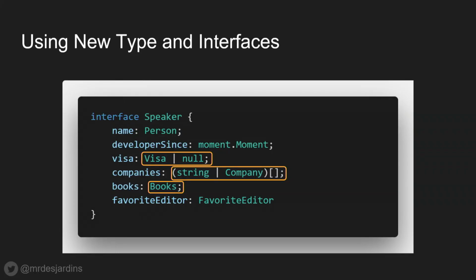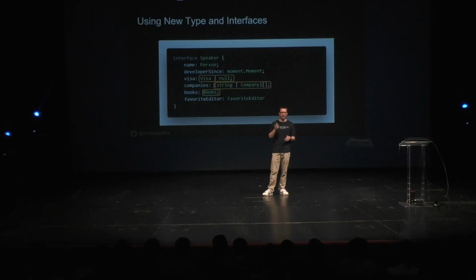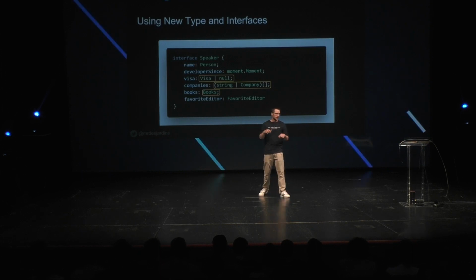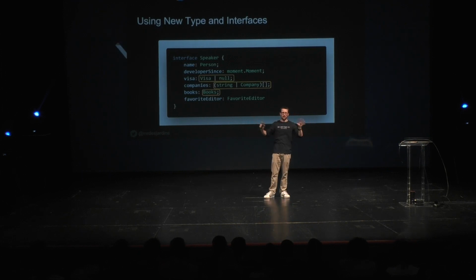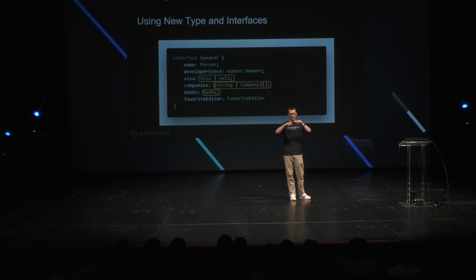I can extract those to make it way easier to read. For example, now company is way more brief, which allows me to see that it's a string or company, but it's also an array because of the square brackets. Before, it was so long that it was hard to figure out if it was an array or not. Same thing for books. Now, instead of having this big one, I just have books.